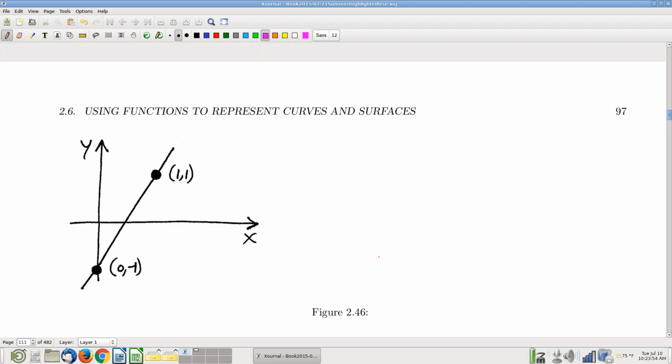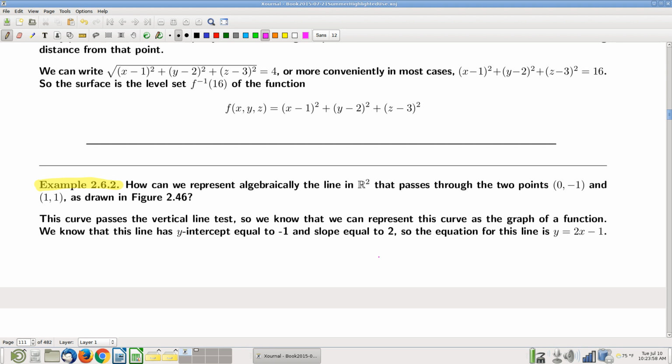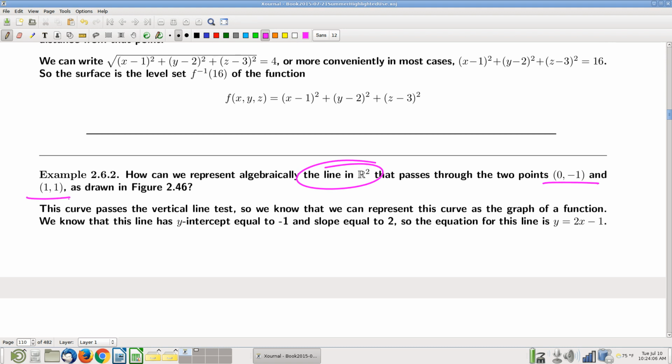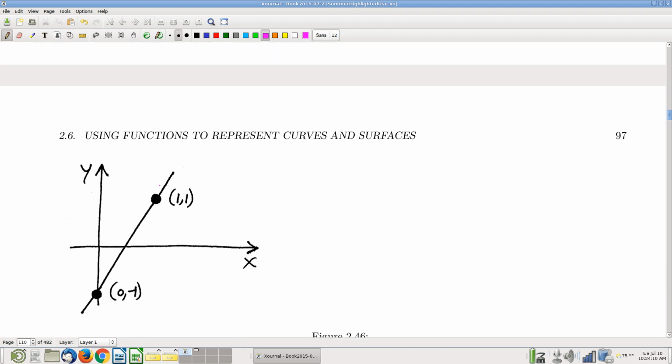So I'm going to go straight to one of my favorite examples here. And let's think about this line in R2 that passes through these 2 points, 0, -1, and 1, 1. So that's this line right here. Think about different ways that I can represent this. Now, flashbacks to Algebra 1, right? I know y'all know how to represent it with the equation of a line.